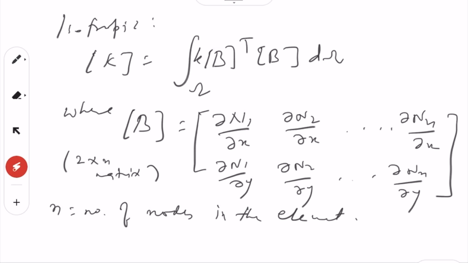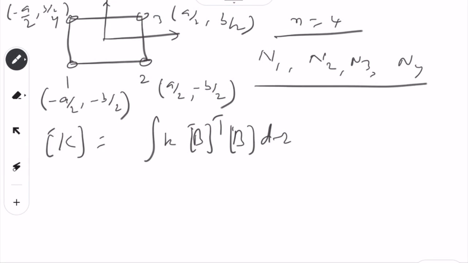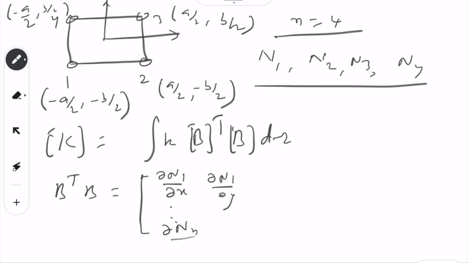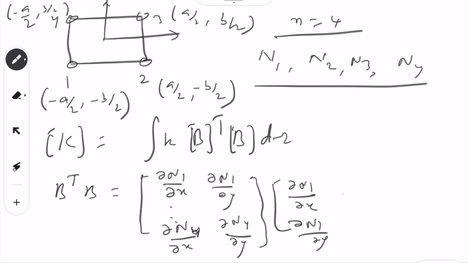If you look at B transpose B, we will have del n1 del x, del n1 del y, and so on, in this case up to 4, del n4 del x, del n4 del y, and then the B matrix with del n1 del x, del n1 del y, and so on, till del n4 del x, del n4 del y.